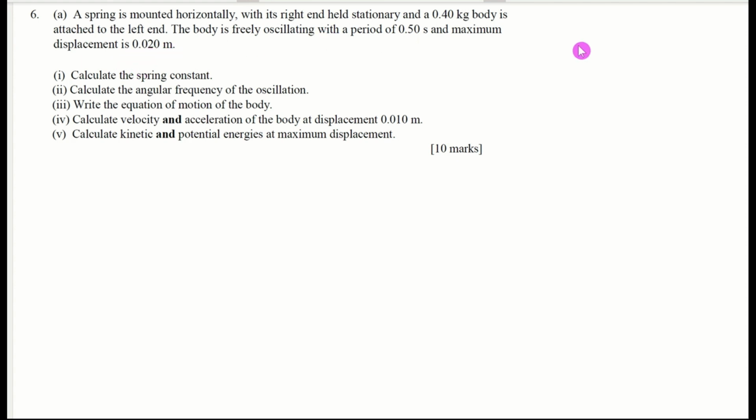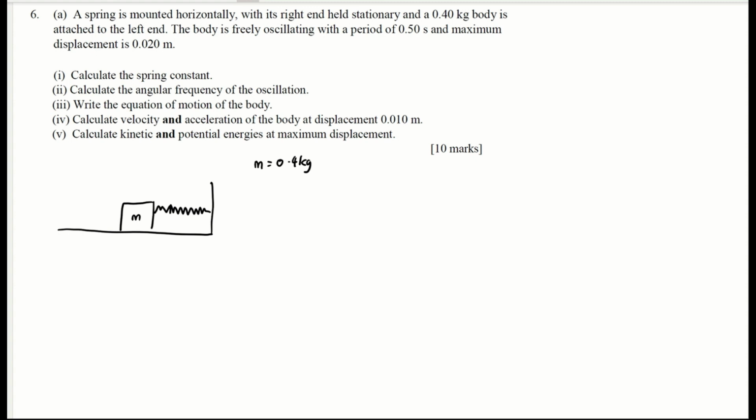So if we sketch the spring, attached horizontally where the right end is held stationary, this is the spring and this is the mass, where M is equal to 0.4 kg, attached to the left end of the spring as shown in this figure.